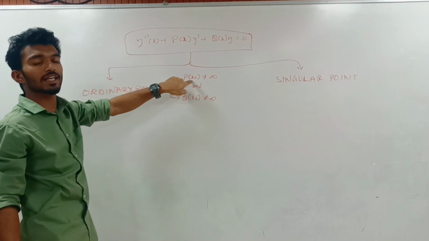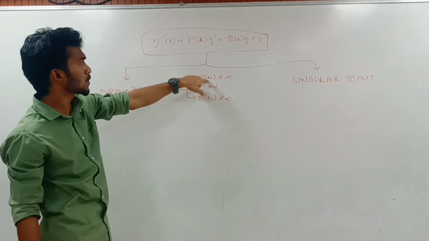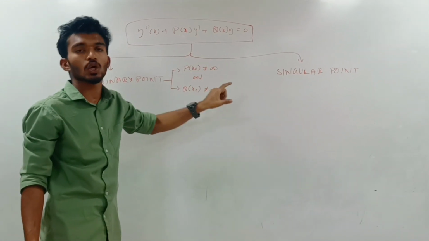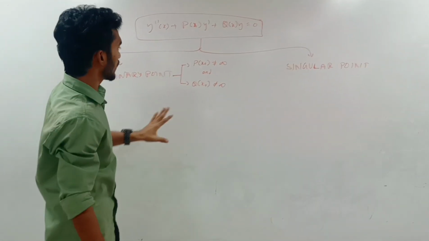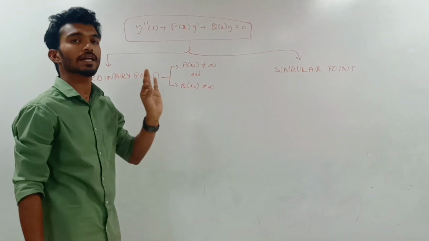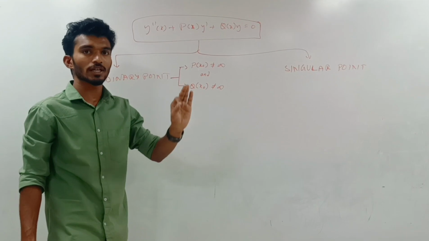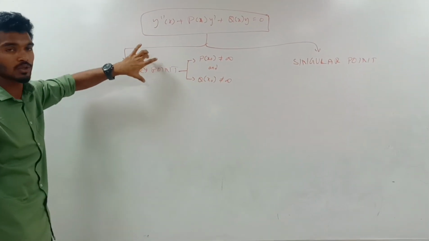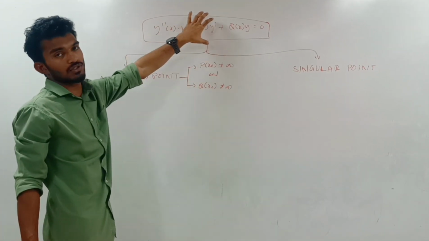Here x₀ is any value which we substitute in p(x) such that we get a finite value, not an infinite value. If we get p(x₀) and q(x₀) as finite values at a particular x₀, then the point is called an ordinary point of the given differential equation.